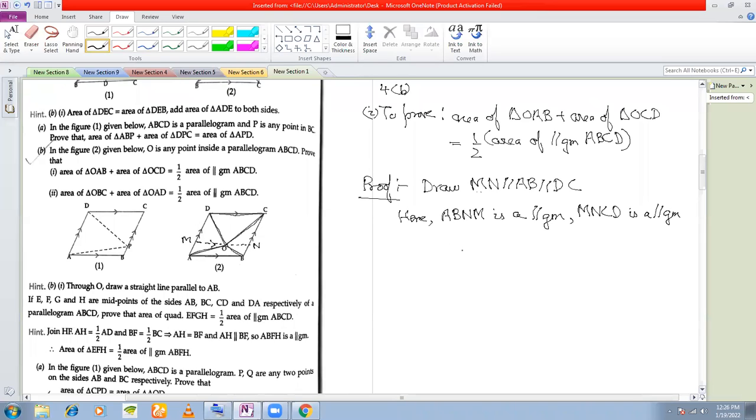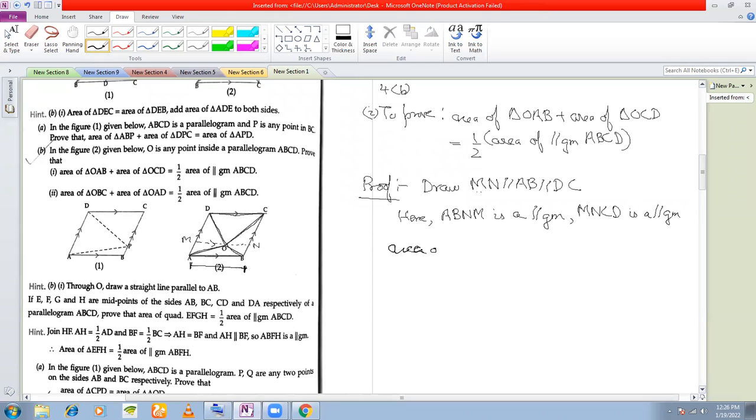Now, if you see, consider this parallelogram, ABNM, the smaller one beneath. In this parallelogram, I have OAB on this base AB, right? Triangle OAB is on this base, and the parallelogram is also on the base AB, right? So what can you say about the area of triangle OAB?